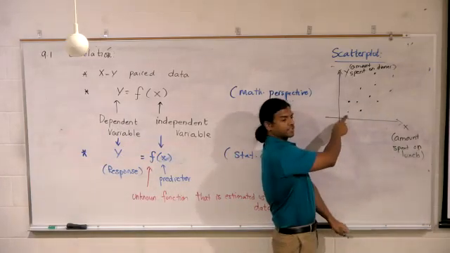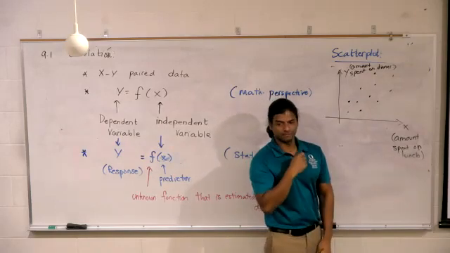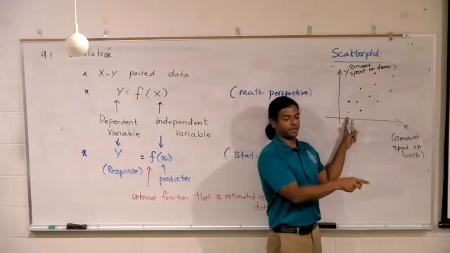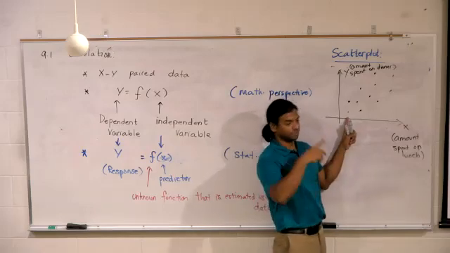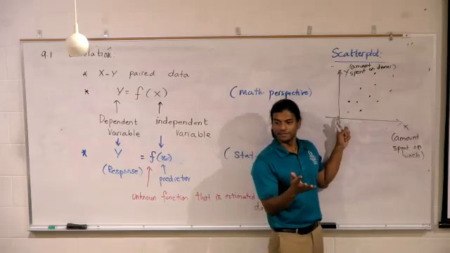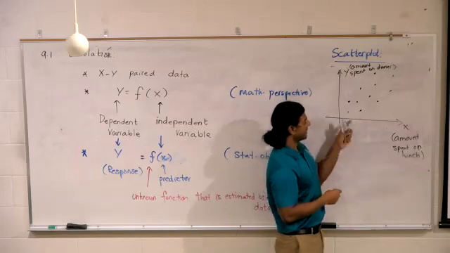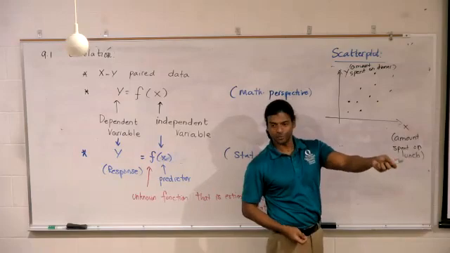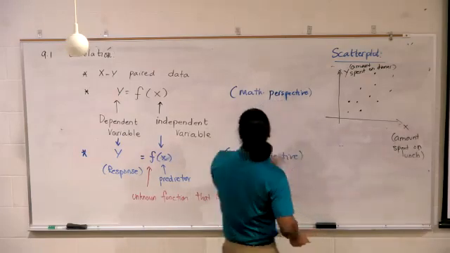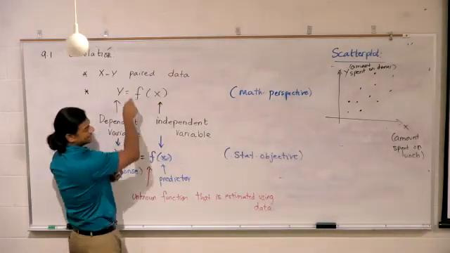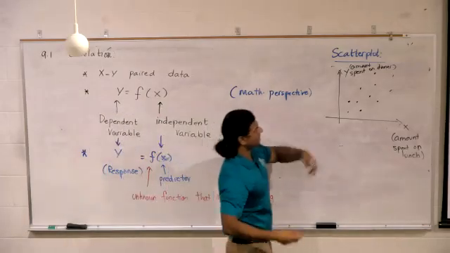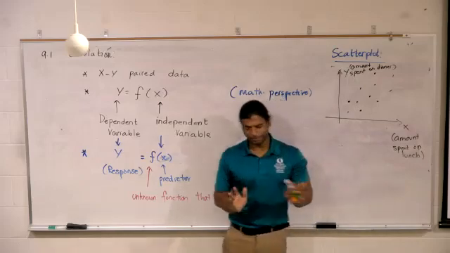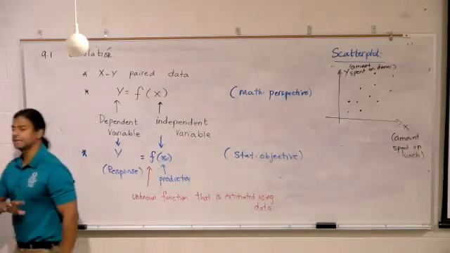If I measure an x value from, say, Rebecca, I have to go and measure a y value from Rebecca, correct? Because they are related. I can't measure an x value from Rebecca and connect it to a y value from Hannah, which is why we call it paired data.